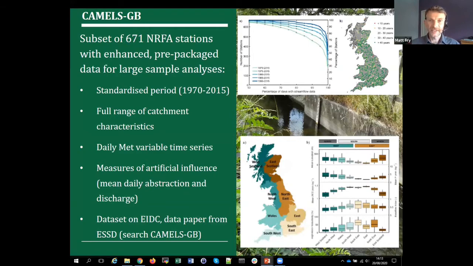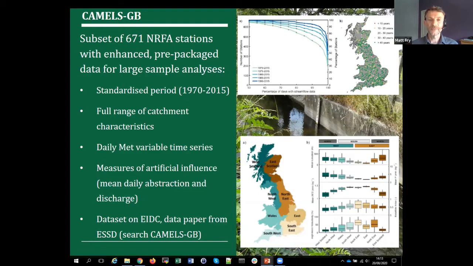It's NRFA data, which itself is data from the EA, SEPA and NRW, but it's a standardized period. It's got a wide range of catchment characteristics in there, some additional ones to the ones we normally store on the NRFA.